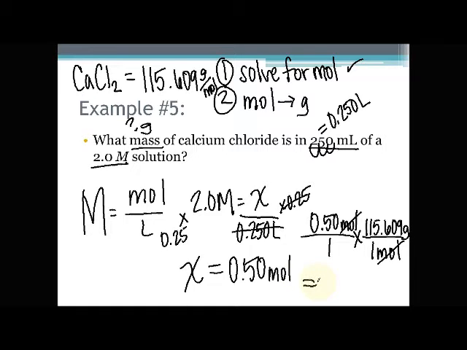So when you multiply those two numbers together, in correct significant figures, you get 58 grams. So, to review, you need your mole map, you need your periodic table, and you can do this. Solve for moles first, and then plug it in to your equation.